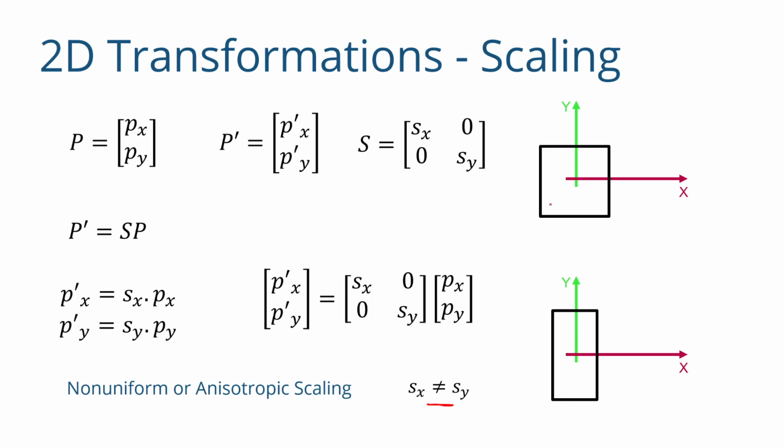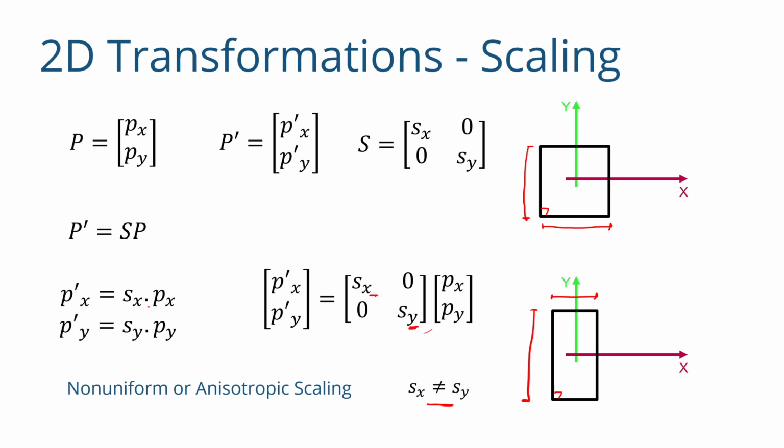So scaling does not disturb the angles inside the square; they stay right angles. However, the length of the sides can change depending upon Sx and Sy. The y length changes according to Sy, and the x length changes according to Sx.